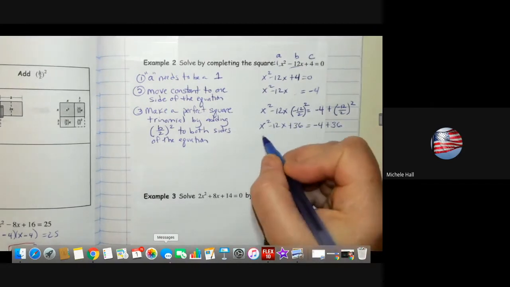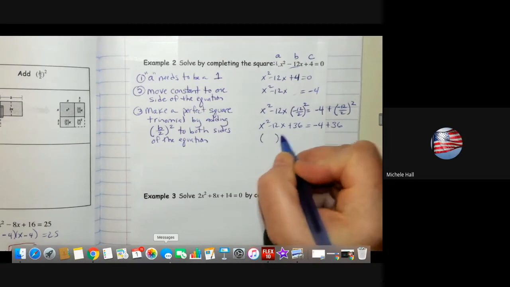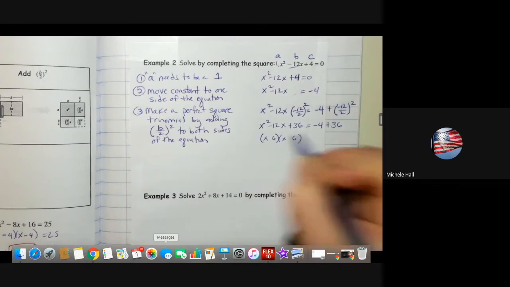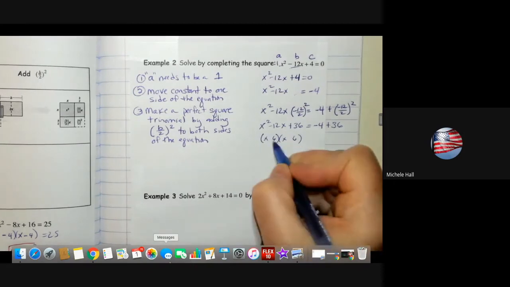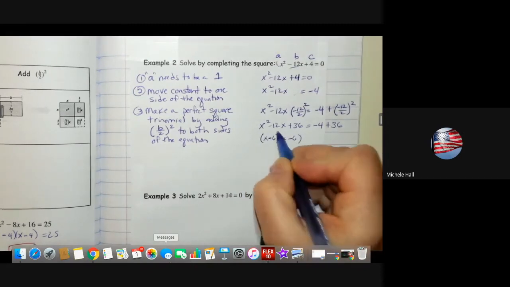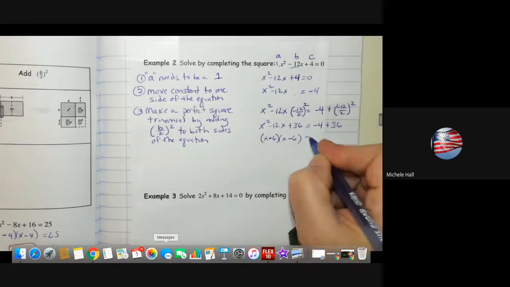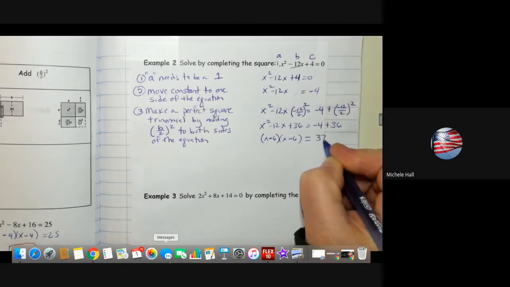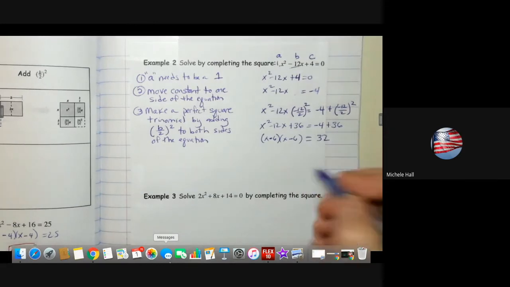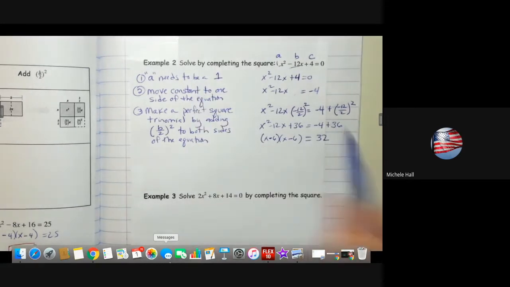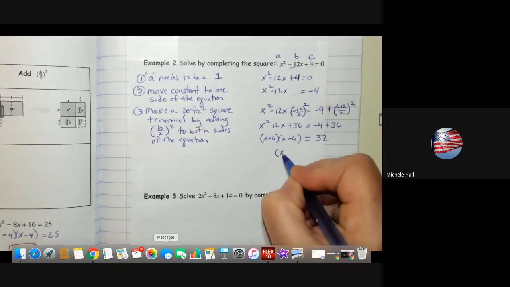Now we have a perfect square trinomial. We have x and x, 6 and 6, and that would be negative 6 plus negative 6 is negative 12, and then negative 6 times negative 6 is 36. 36 minus 4, and we're solving by completing the square. So now I'm going to write this.